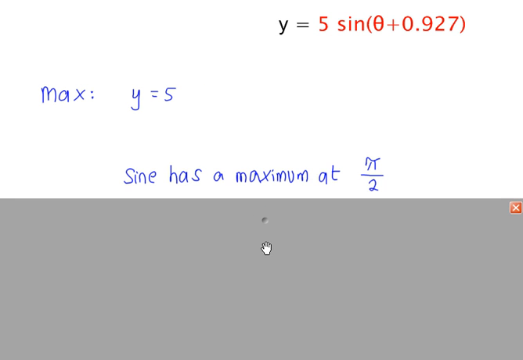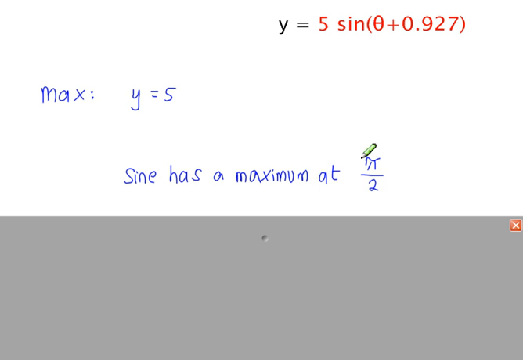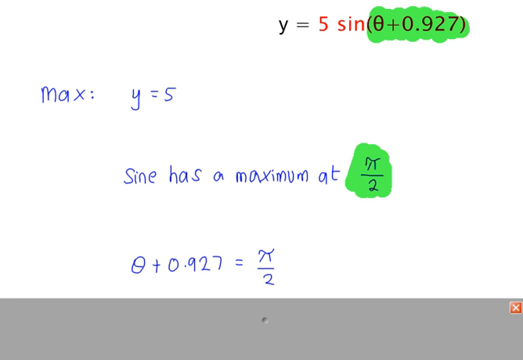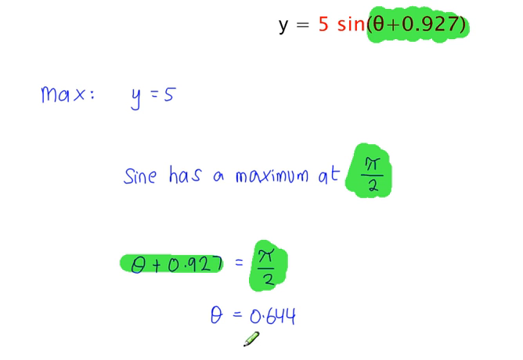Well, we know that sine has a maximum at pi over 2. So this angle needs to be pi over 2. All of this needs to be pi over 2. So there's the angle, and it's equal to pi over 2. And solving this simple equation gives us theta is equal to 0.644 radians.